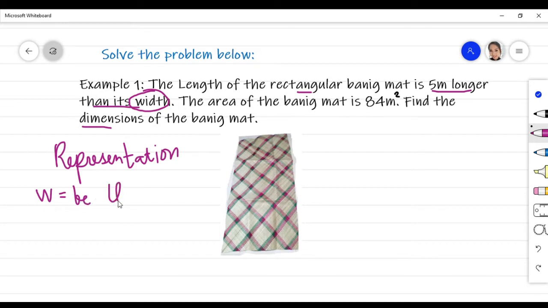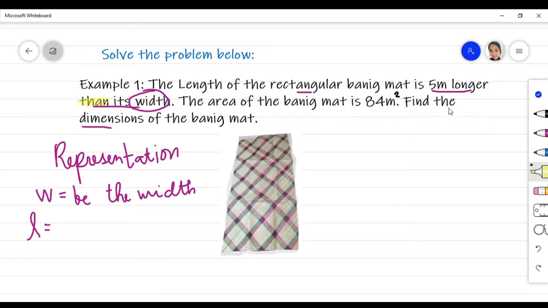Be the width, right? It's one of our given. Now for the length, it's stated here that it's 5 meters longer than. Take note of the word than. There's a word than, right?